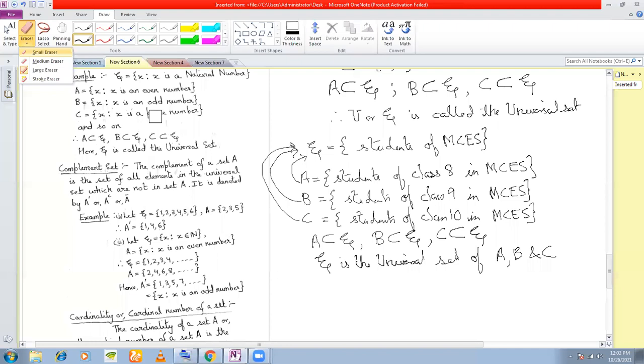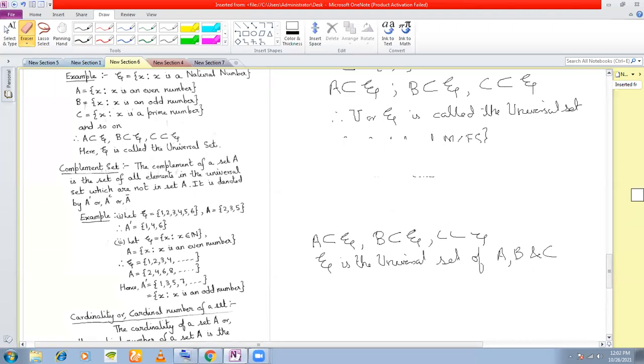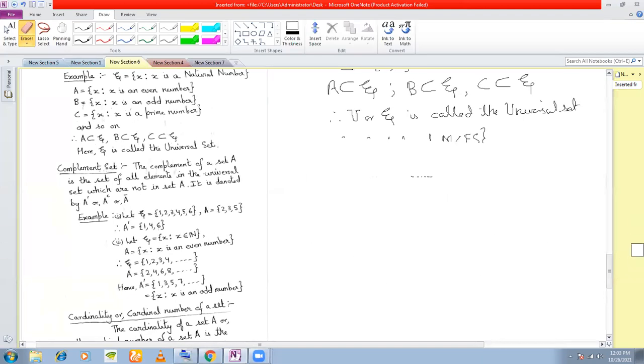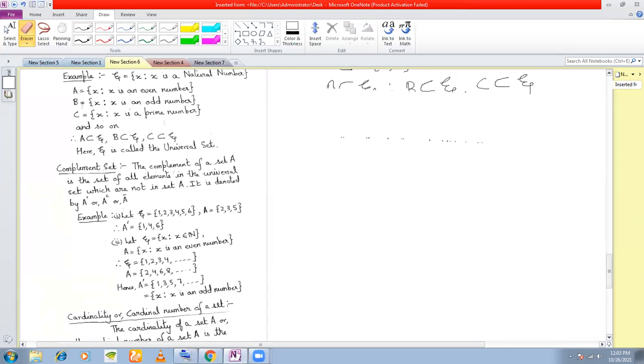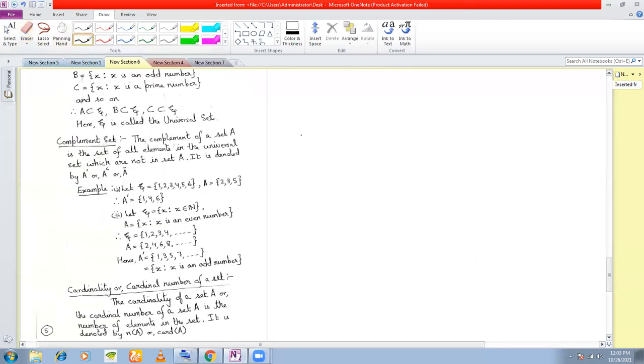Okay, then let's move to the next definition, which is that of complement set. Now, what do you mean by complement set? Suppose I give you a universal set.